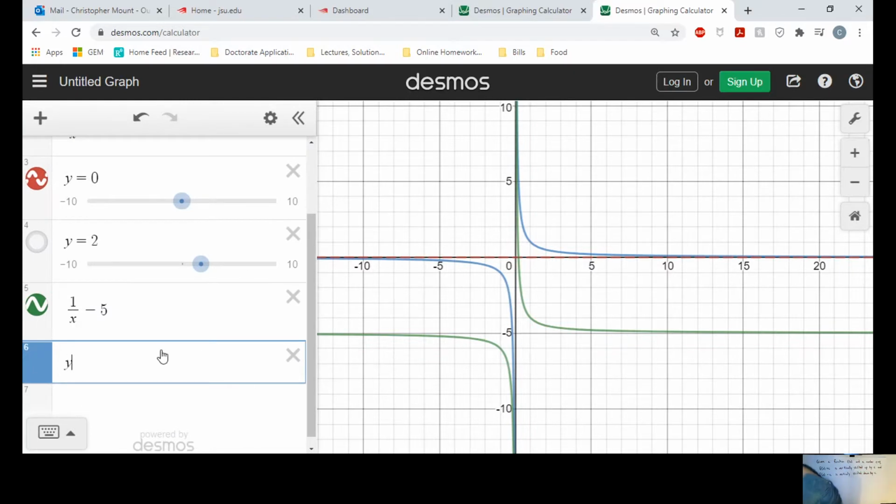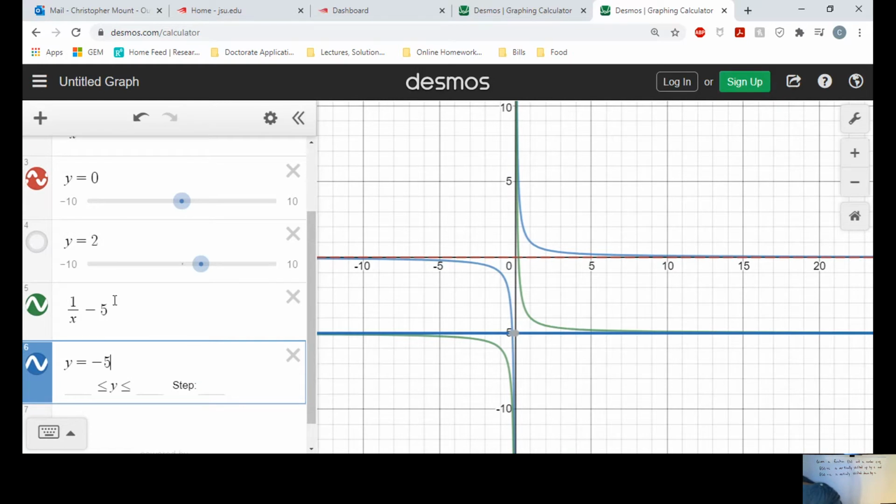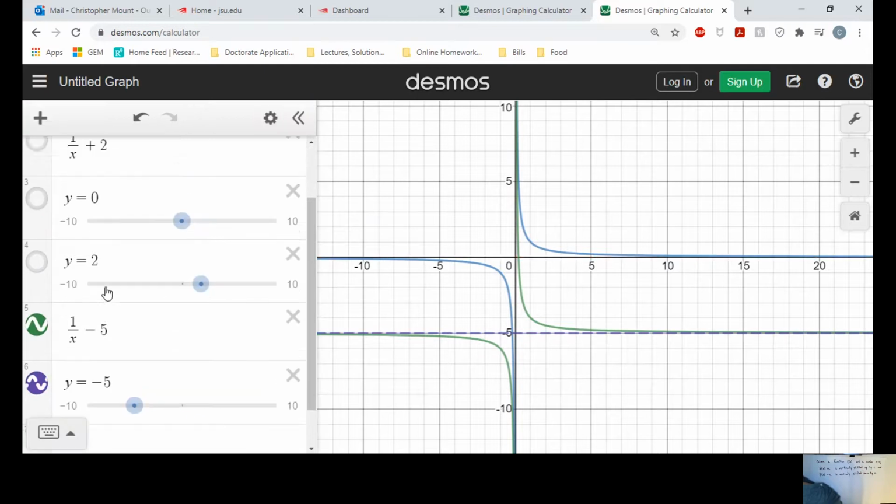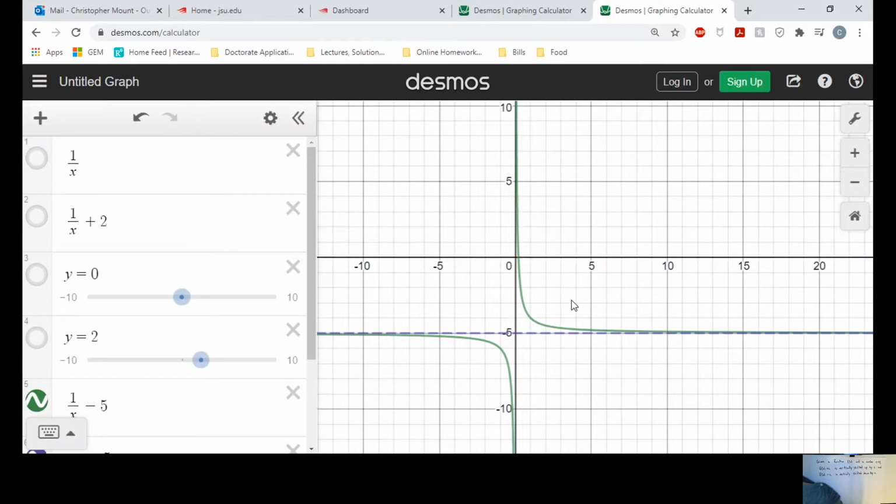Well, it would be at y equals -5, just dropping the y value from y equals 0, where the base horizontal asymptote is, by 5 because I'm subtracting 5. So that new one will be right there. There it is. That's 1 over x minus 5. You see how having this dashed line at the horizontal asymptote could be really helpful for figuring out where your graph should be going.